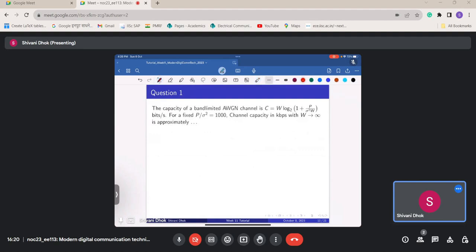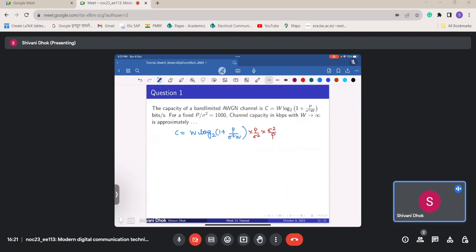Okay, so let's try to see how that can be done. What we have here is the channel capacity C is W log base 2 of 1 plus P by sigma square W. Okay, now what I'll do is I'll multiply and divide by P by sigma square, so that will be something like this.